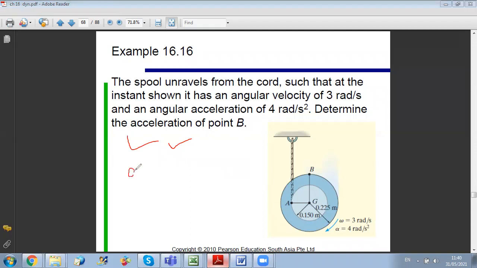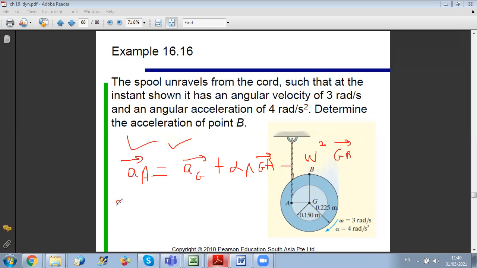In order to calculate AA, we can just write that AA is equal to AG plus alpha vectorial GA and minus omega square GA. Let us replace, and you will see that the tangential component will be 0.